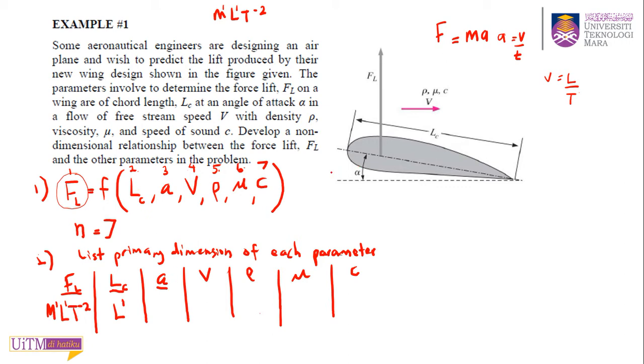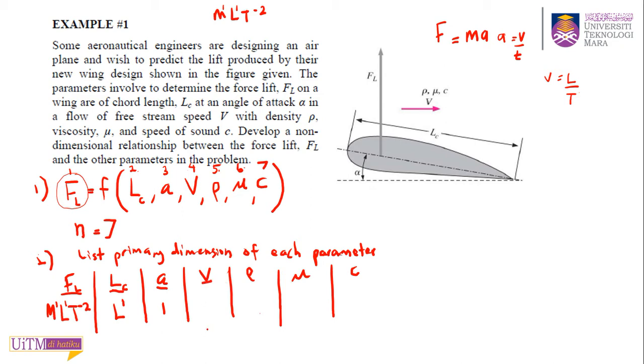Angle apa dunia ni, primary of dimension? Anyone? Dimensionless. Yes, there is no dimension for angle. Okay, so there is no MLT, so you can just write 1 lah. There is no dimension. Okay, so just a trick. There is no dimension for angle.